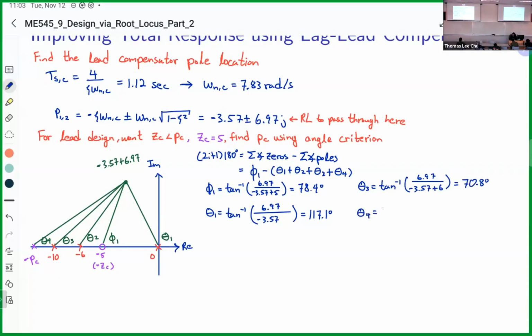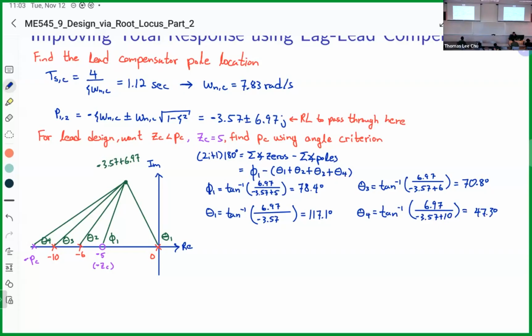And theta 4 is equal to the arctan of 6.97 divided by minus 3.57 minus 10, so that's plus 10, and we get 47.3 degrees. Those are our 4 angles.